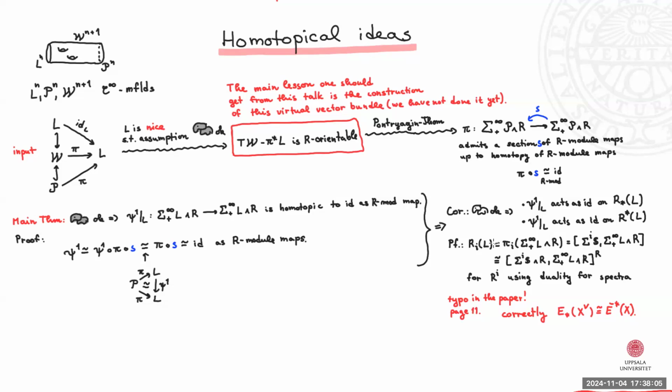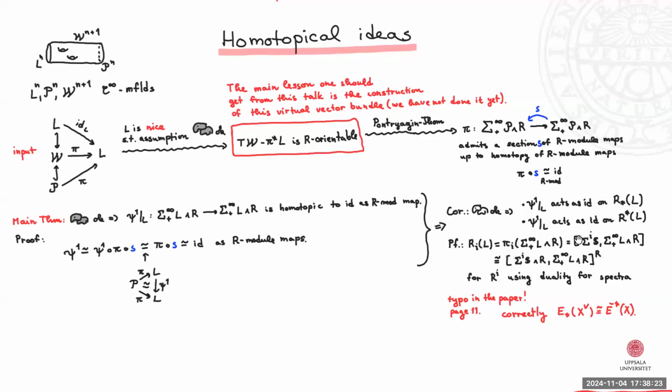If you take this generalized homology theory, it is defined like this. You take homotopy groups of this spectrum, defined as mapping out of the suspension of the sphere spectrum.